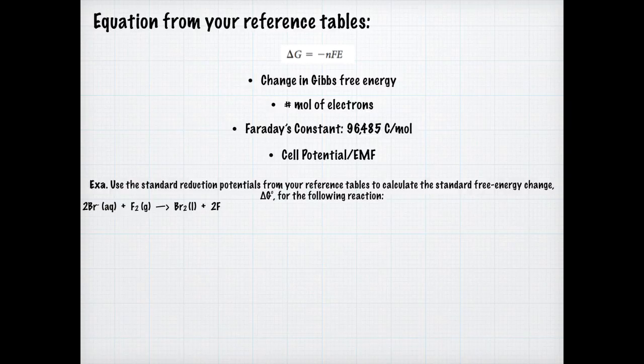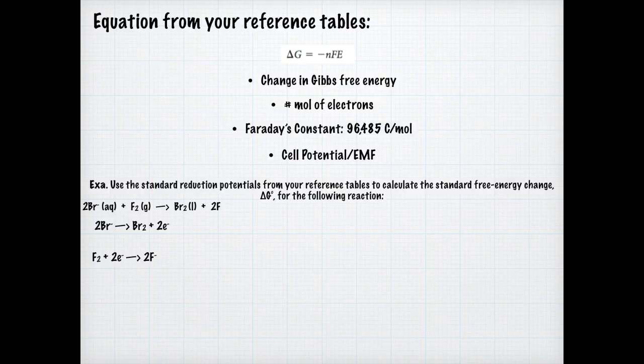So let's actually look at an example problem to understand how we can relate your cell potential to Gibbs free energy. And so in this reaction, what I first have to do in order to calculate the cell potential is break these down into oxidation and reduction reactions. Well, here I've got bromine, and this is going to be an oxidation reaction.